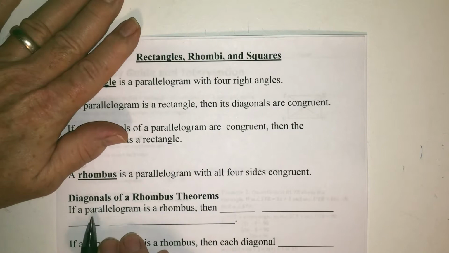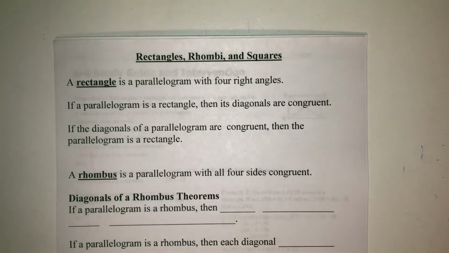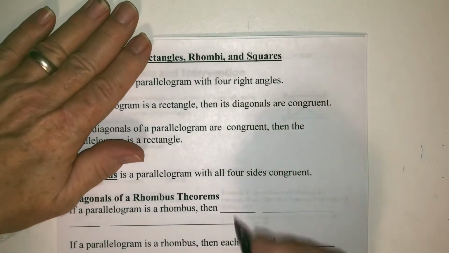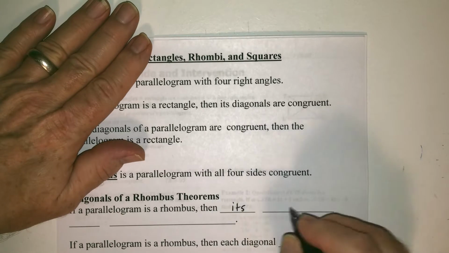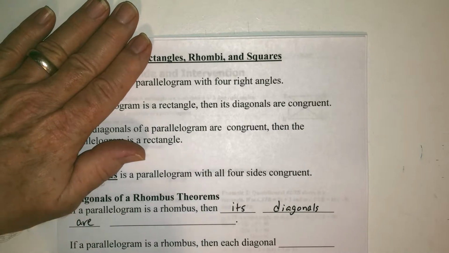So here are some theorems dealing with the diagonals of a rhombus. If a parallelogram is a rhombus, then its diagonals are perpendicular.